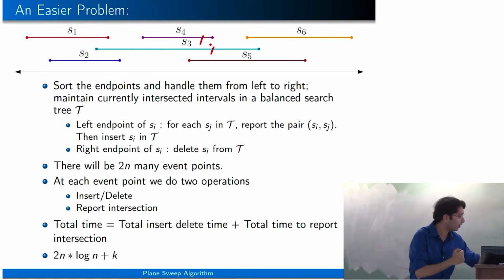Because what is n log n plus k in terms of order? It is still order n log n plus k. What is order n log n plus n? Do you know asymptotic notations? So, what is n log n plus n? In order notation, order of n log n plus n is order n log n.